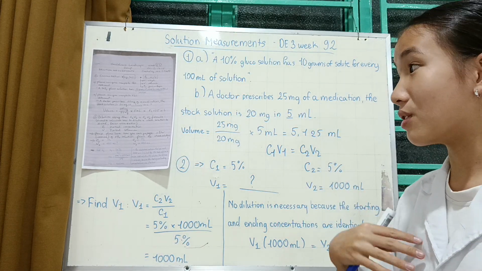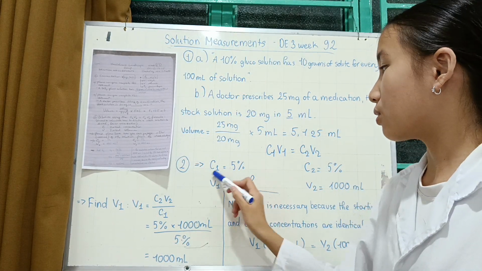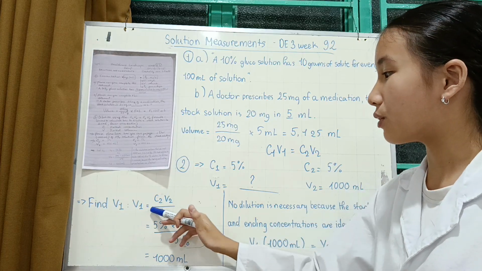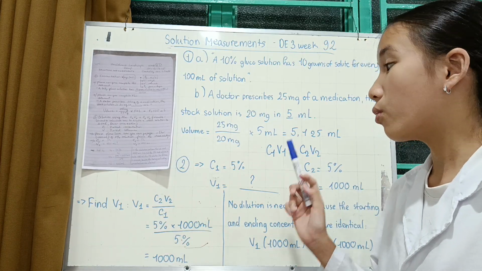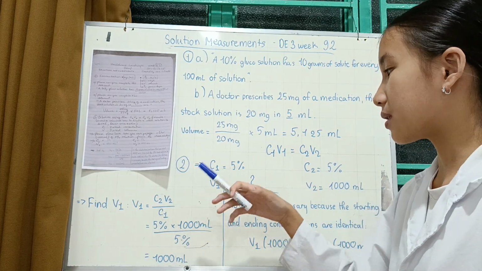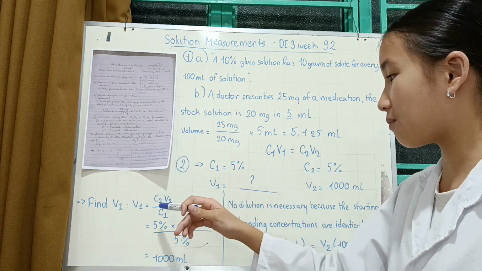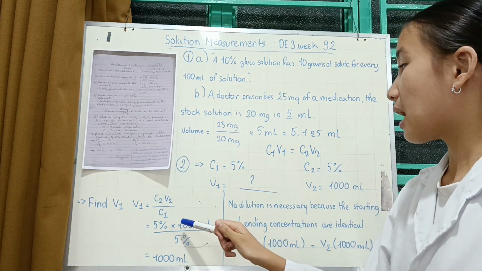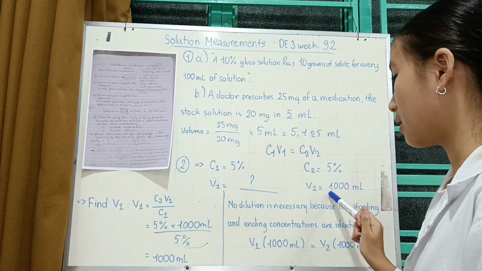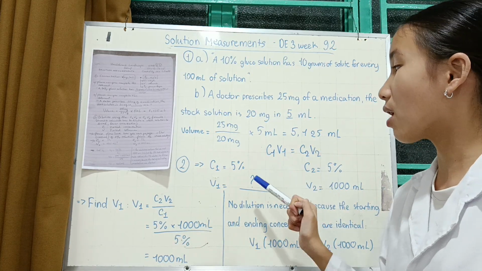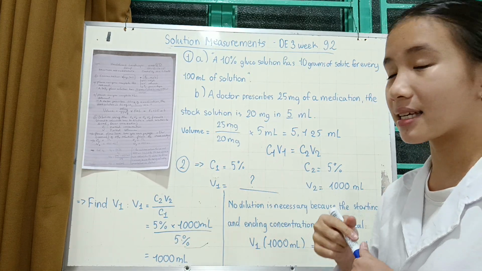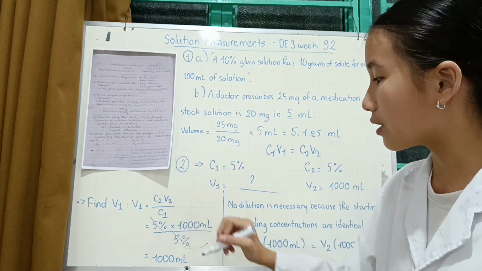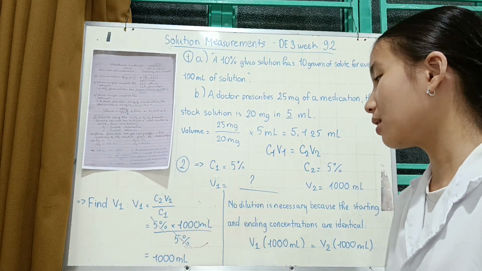I need to find V1. Here I have written out how to find V1. We just take C2 times V2 divided by C1. C2 is 5% times 100 milliliters, divided by C1, which is 5%. As you can see, we have these two numbers that are alike. We can cross that out, and we're left with 100 milliliters.